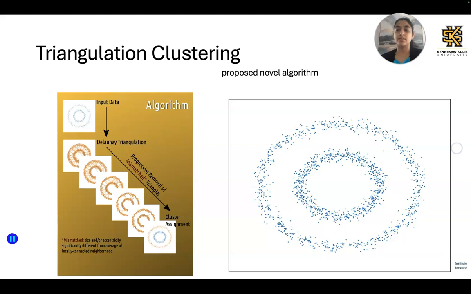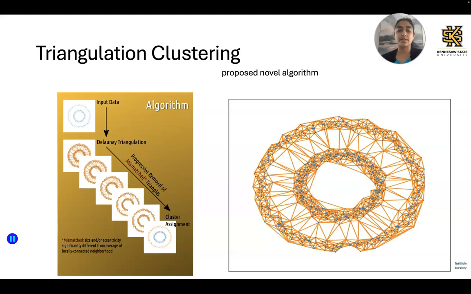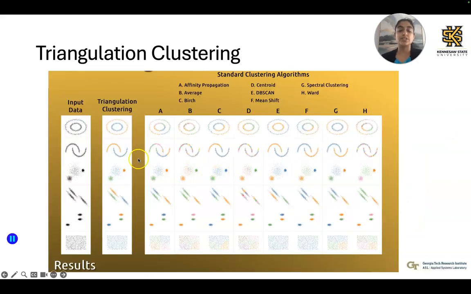Then the advantage of our method is that it is using a circumscribed circle. So the notion of the Lugnet triangulation extends to two or higher dimensions, and it's scalable for a large data set and can be generalized. So here you can see the comparison with the other algorithms, and our triangulation clustering algorithm competes against the top well-known algorithms, which are DBSCAN and spectral clustering.